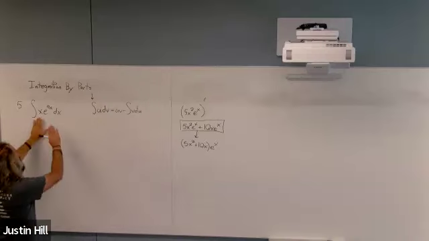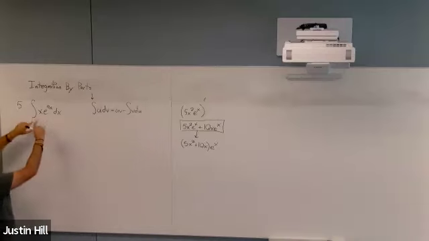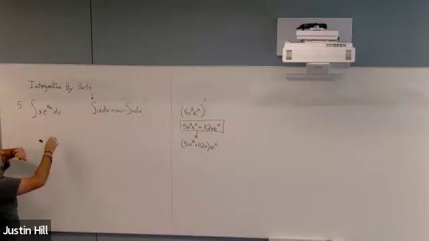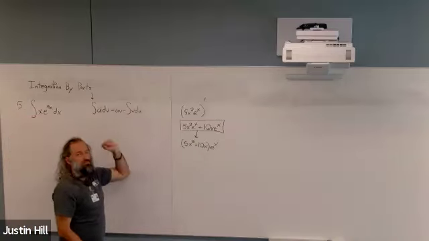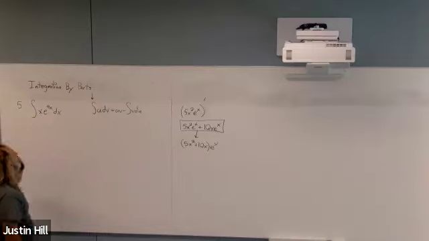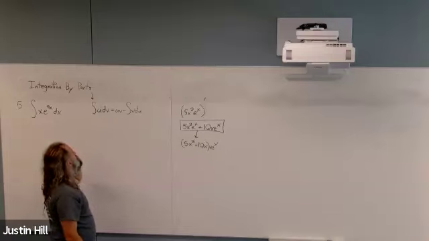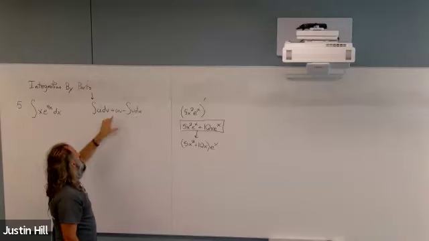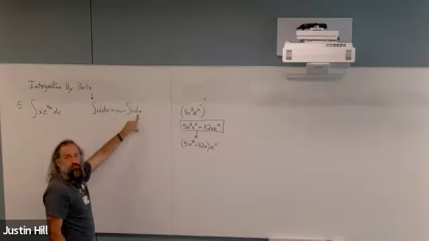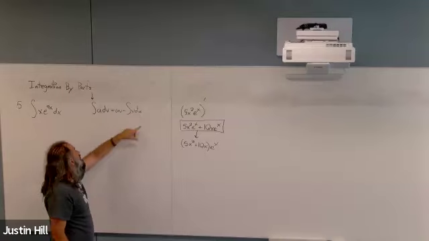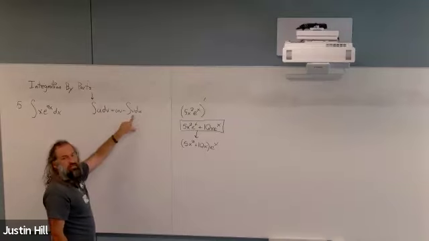So I'm looking at these two functions here in 5, and I'm trying to figure out which one is u and which one is dv, to make this part easy. Notice that whatever you pick for u, you're putting the derivative here. Whatever you pick for dv, you're putting that original function.